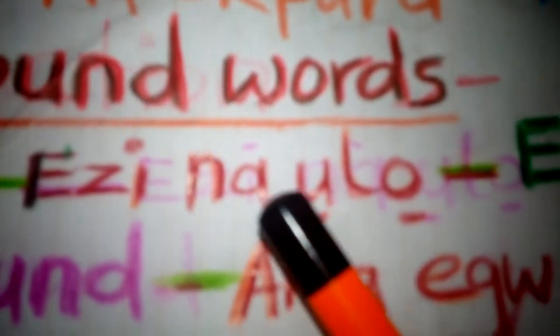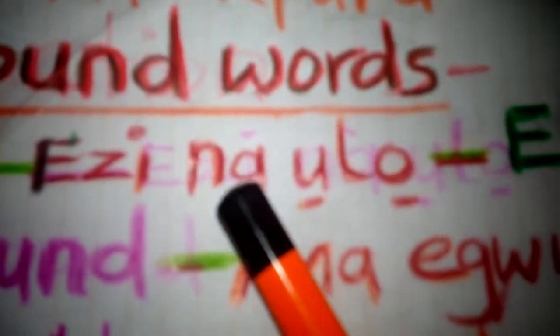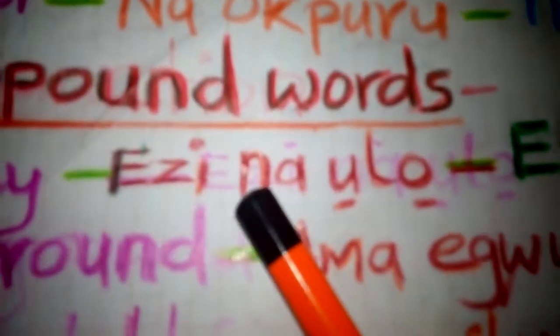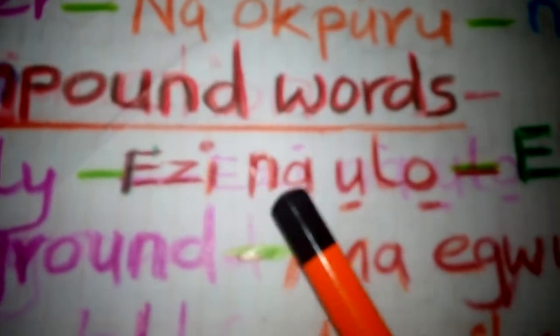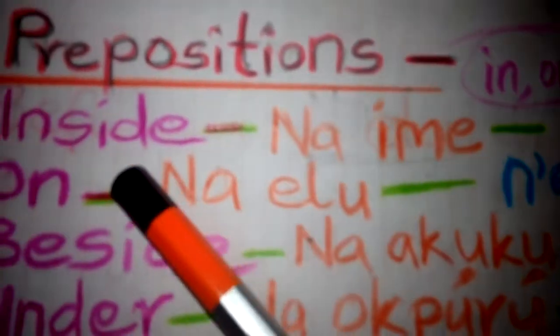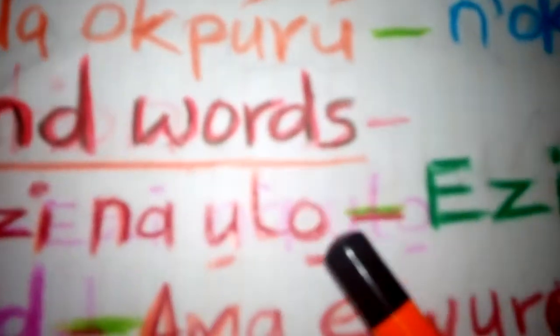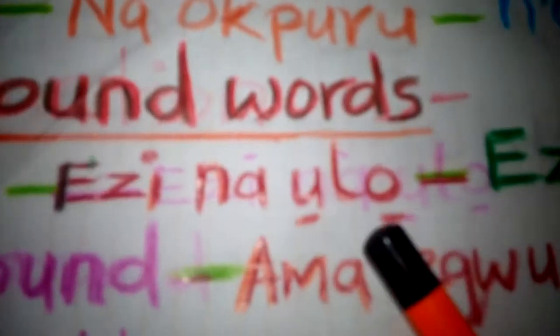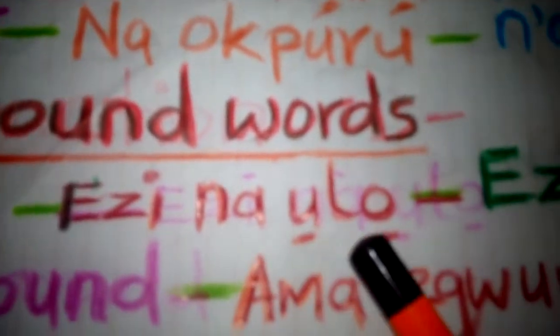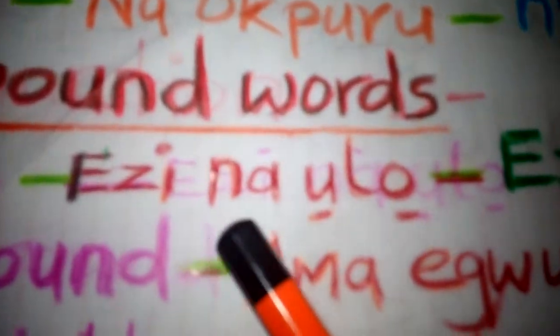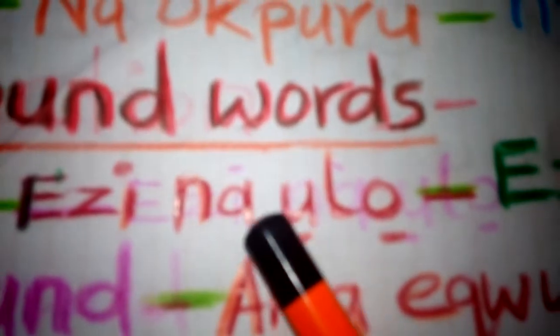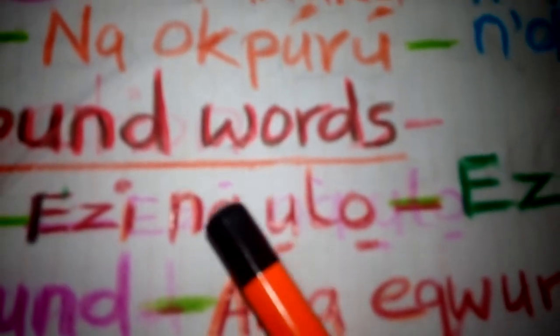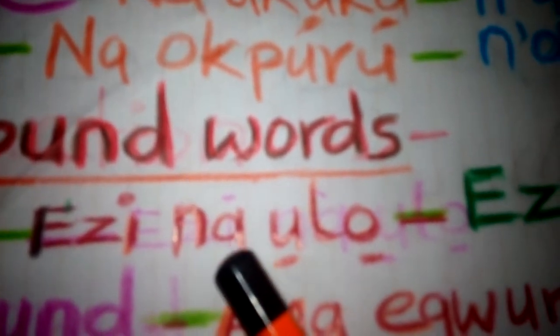Okay, a and u, they are vowels. So we need to drop, because this is a preposition. Now here is a preposition. In the house, remember, in is a preposition. Okay, in, on. Okay, they are prepositions. In the house, na ụlọ, in the house. Okay, so we need to put an apostrophe and drop a.